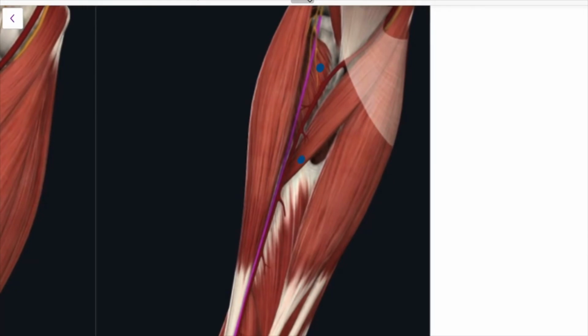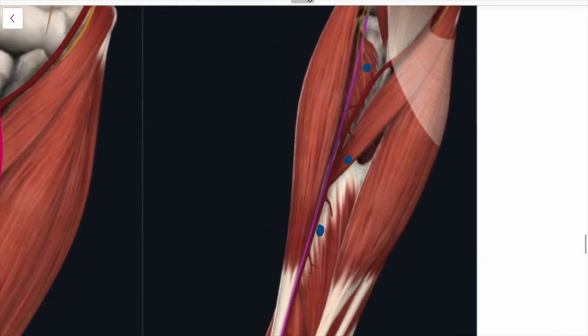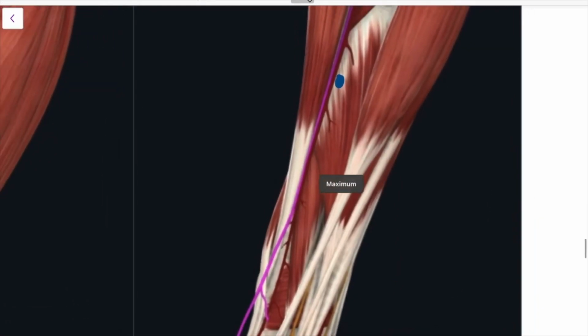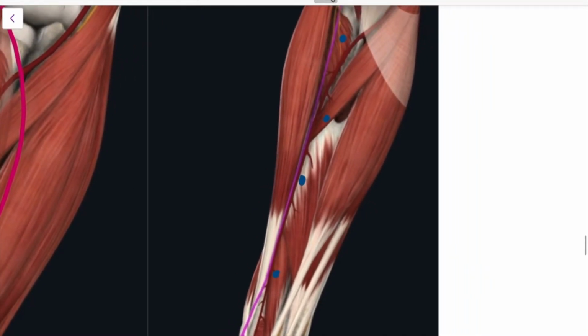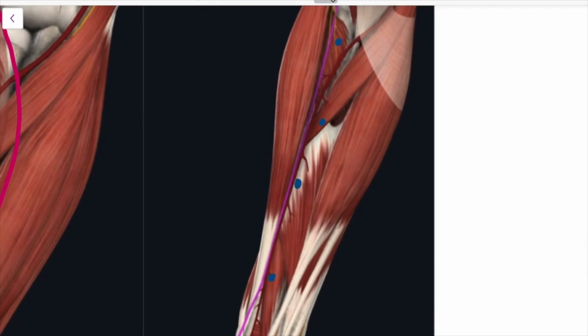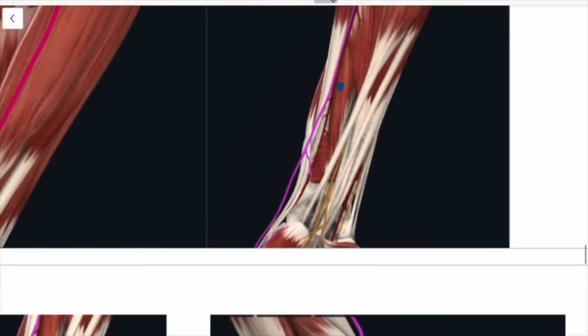This is the insertion of pronator teres, and here we have the origin of radial head of flexor digitorum superficialis, and lastly we have the flexor pollicis longus. It runs along with an artery, radial artery, as shown here.